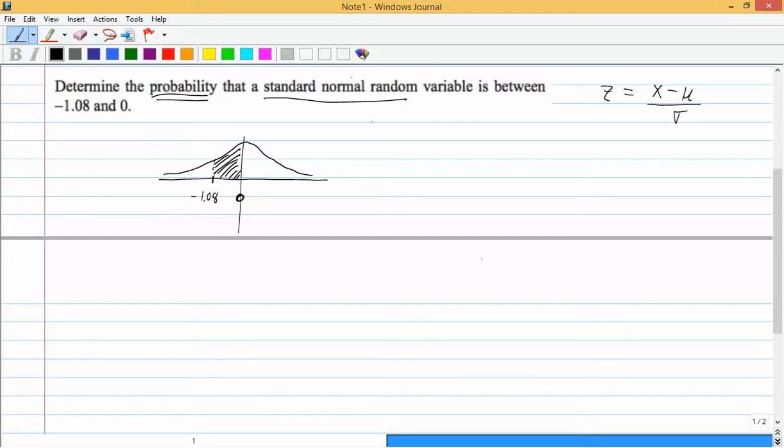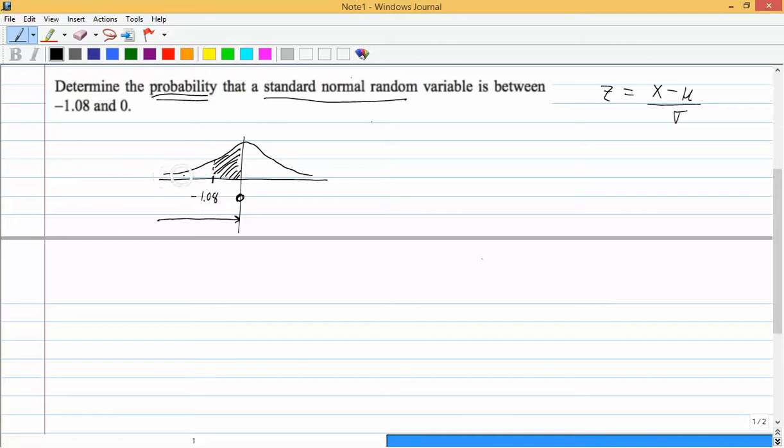But the way that I would suggest getting that answer is first finding the area from left to right to 0. So figuring out all of this shaded region here.